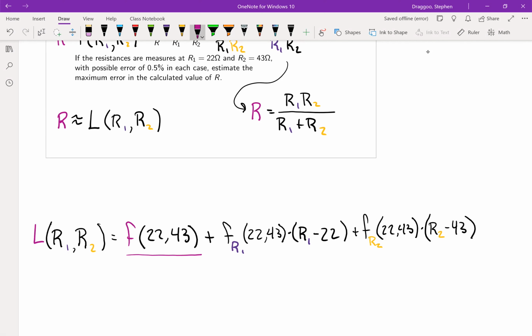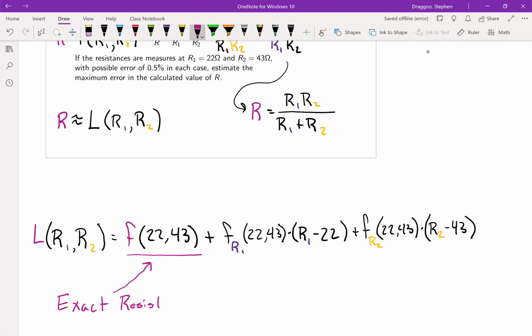So that is the actual resistance if my resistors are 22 ohms and 43 ohms. So this first piece is an exact value. That is exactly the resistance if there is no error in either of my small resistors. So as long as R1 and R2 have 0 error, then the function value at 22 and 43 is that exact resistance. So this is exact R.